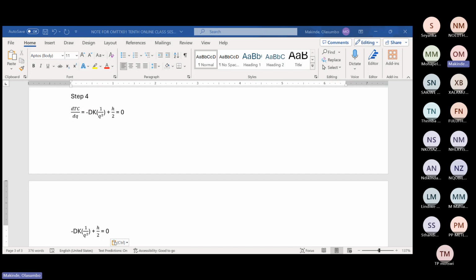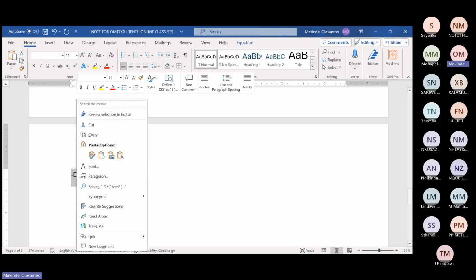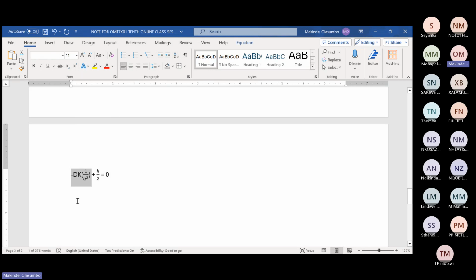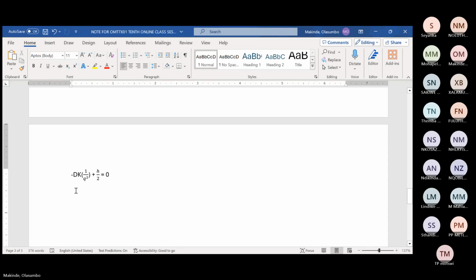And after setting this, means that now you make Q the subject of the formula from here by collecting the like terms. So you can say this equal to this equal to, so you can take h/2 to the other side, or you can just do it like this. Let's say you take this expression to the other side and leave h/2 here.